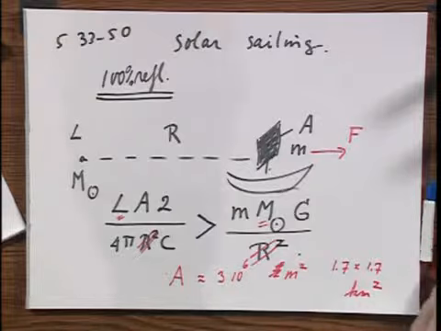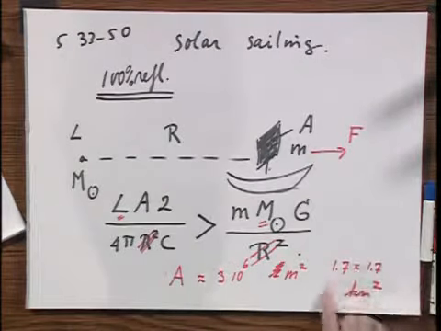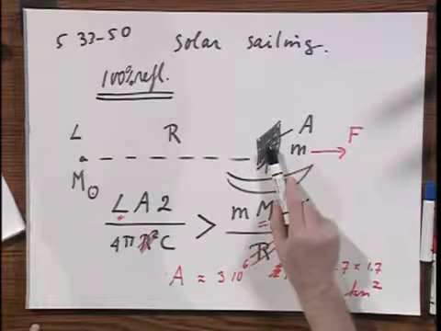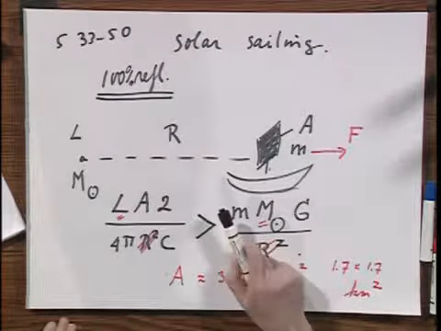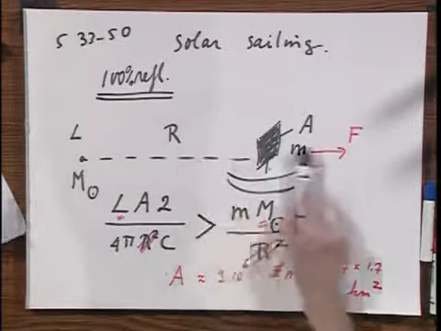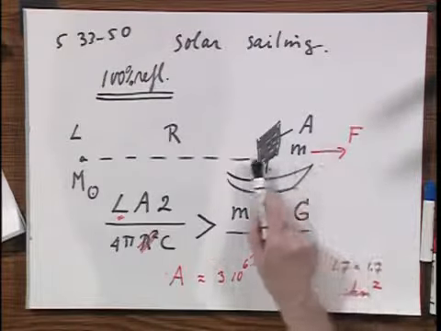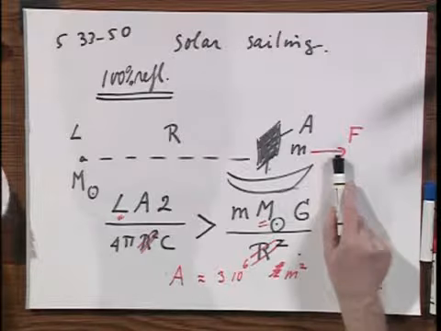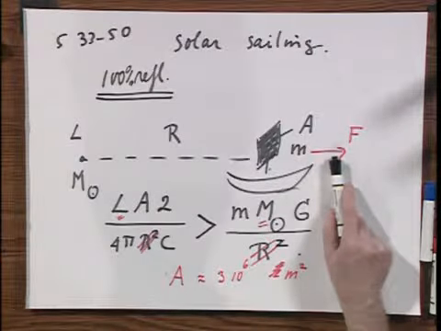So indeed, you see that it is an unbelievably, completely impractical area that you would need in order to get a free ride, so to speak, an acceleration which is non-zero. Because once you have a force, you will always have an acceleration.